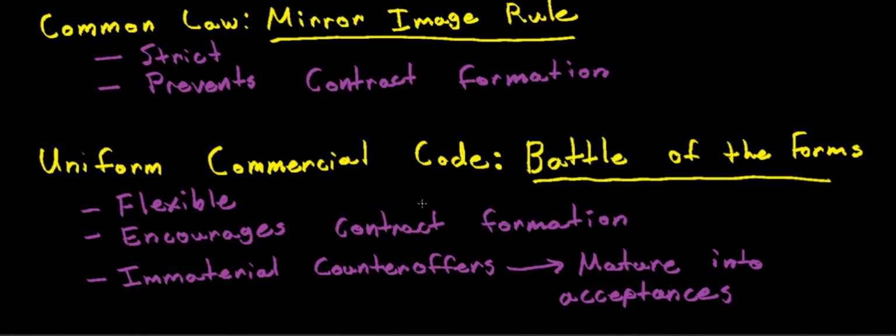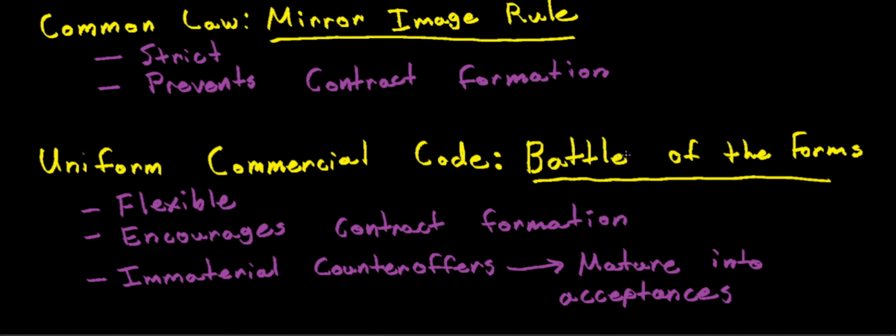The Battle of the Forms is essentially a rule that has us look towards who made those changes and whether or not those changes will take effect, or whether the person that made the counteroffer is going to be bound by the original provisions of the original offer.